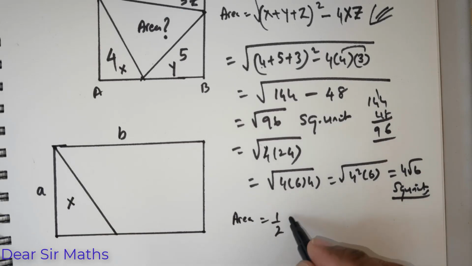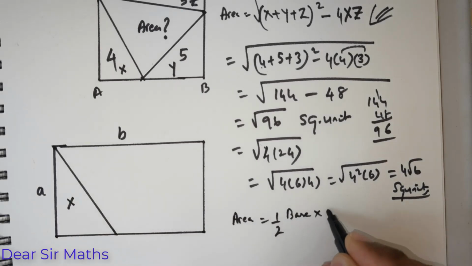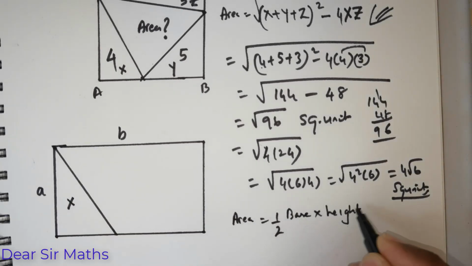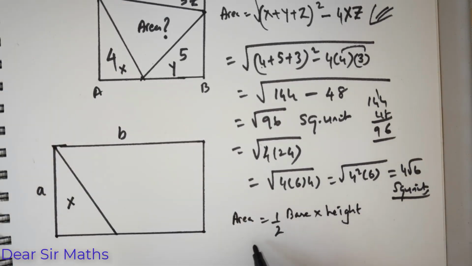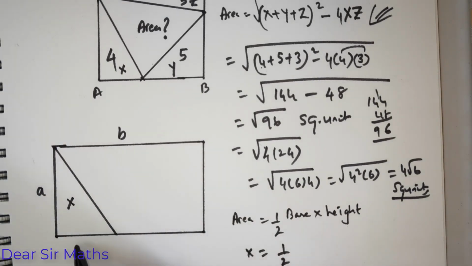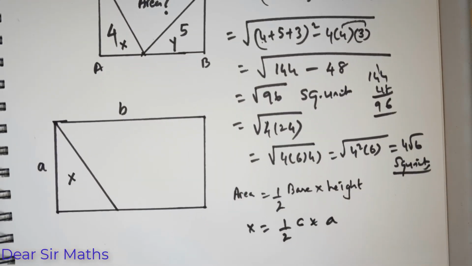So this is the base times height. So this is the height. So my area is x, 1/2 times. Now let me take the base to be some c times my height is a.